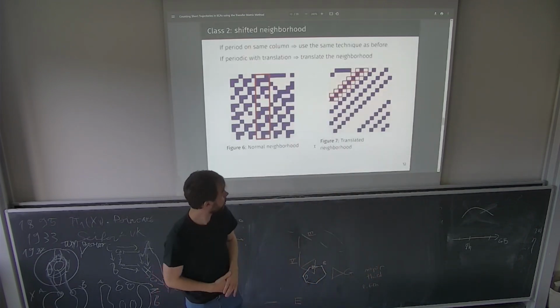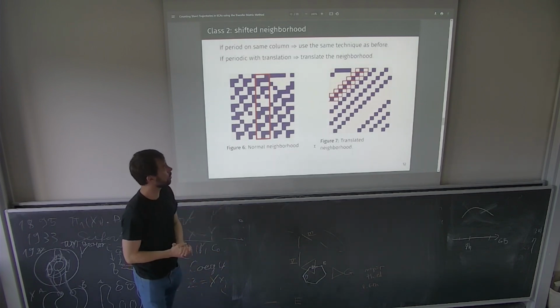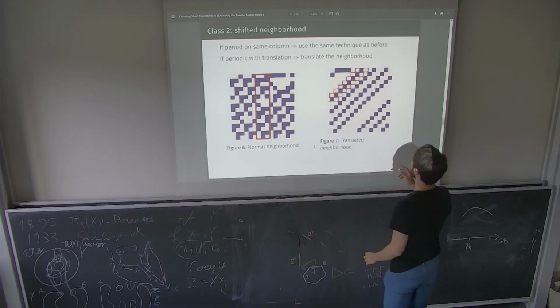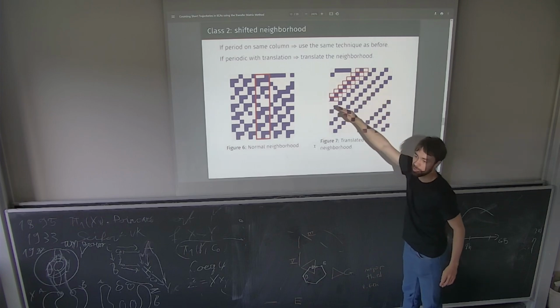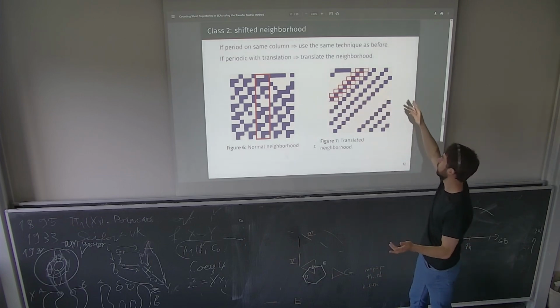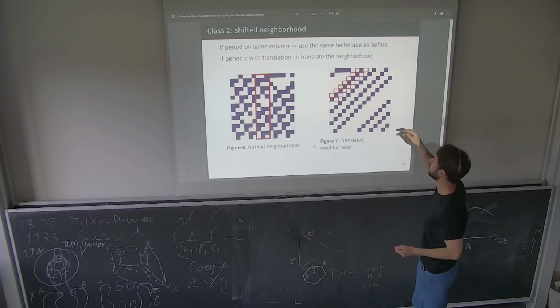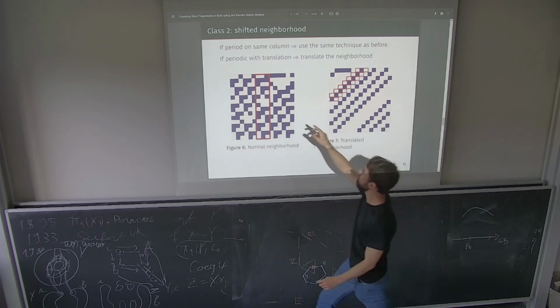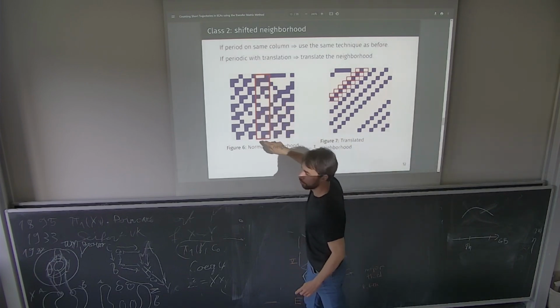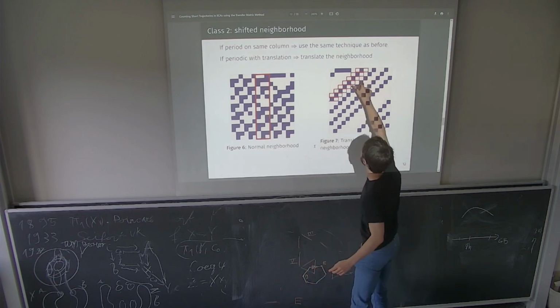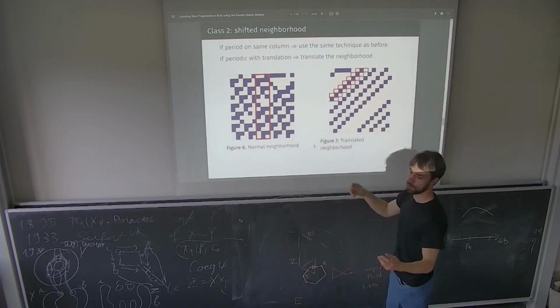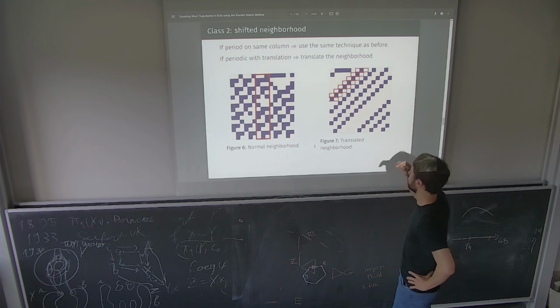Okay, now for class 2, there is a small additional difficulty: you can have patterns that are shifted like this, but that are still periodic and visually easy. So for that, I can just shift the considered neighborhood when I build the transfer matrix.